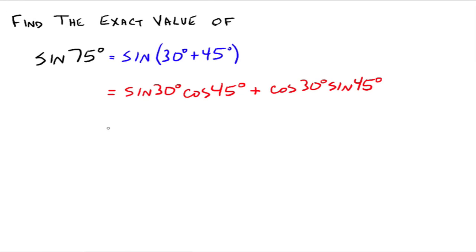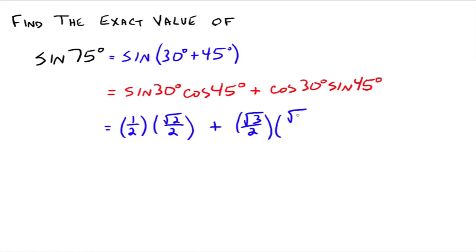So what's the sine of 30 degrees? Sine of 30 degrees is 1/2. Cosine of 45 degrees is the square root of 2 over 2. The cosine of 30 degrees is the square root of 3 over 2. And the sine of 45 degrees is the square root of 2 over 2 again.